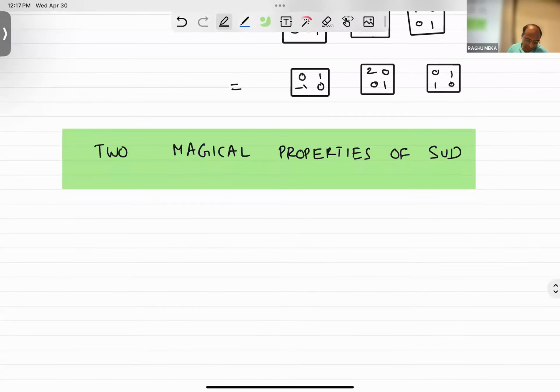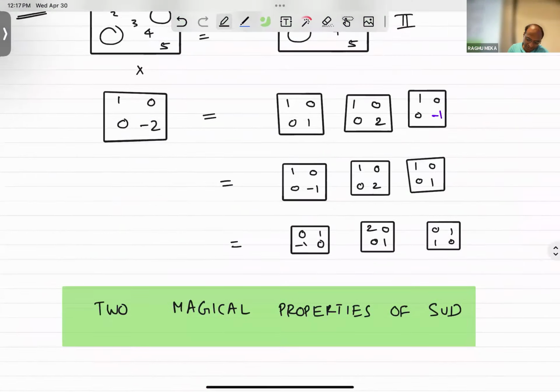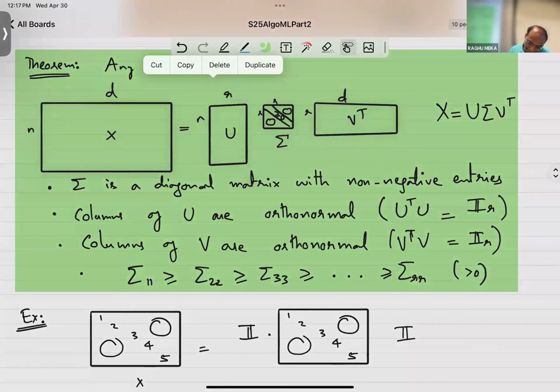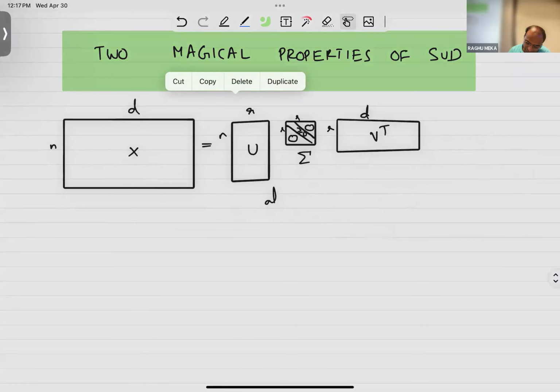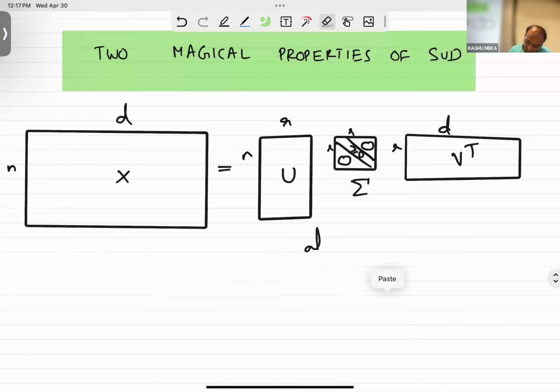Now we've written the sigma in a way so that you have this ordering. So this is a diagonal matrix, but in addition, we have sigma 1,1, sigma 2,2, and so on. We have the ordering.